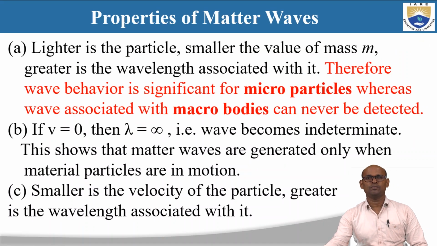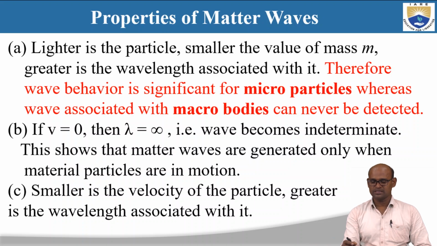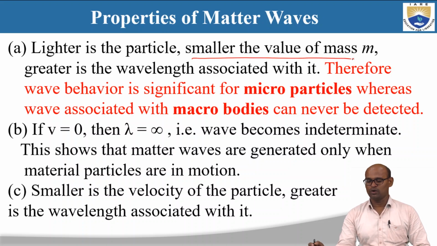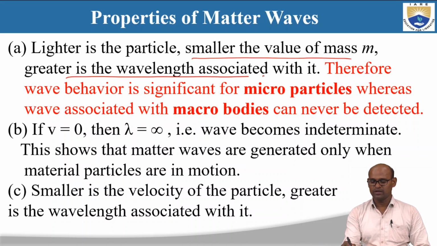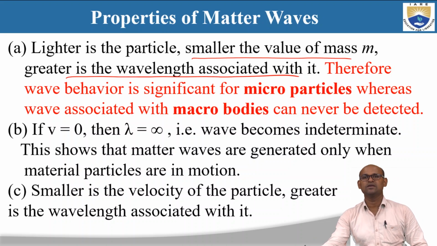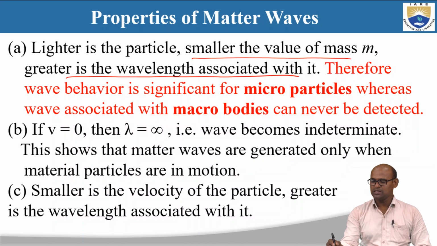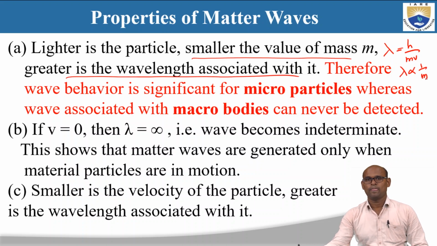The first important property of matter waves is that the lighter the particle, the smaller the mass and the greater the wavelength associated with it. Therefore wave behavior is significant for microparticles, whereas waves associated with macro bodies can never be detected. As per the de Broglie hypothesis, lambda is equal to h by m v, so lambda is inversely proportional to mass.